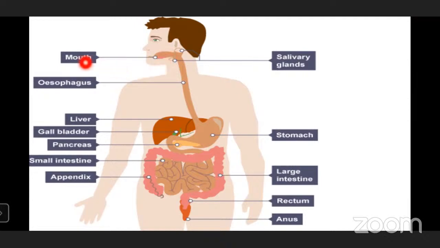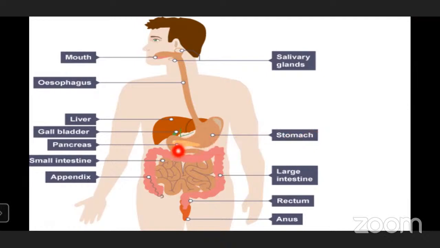This is the esophagus, in which peristaltic movement is there, and this one is the stomach.